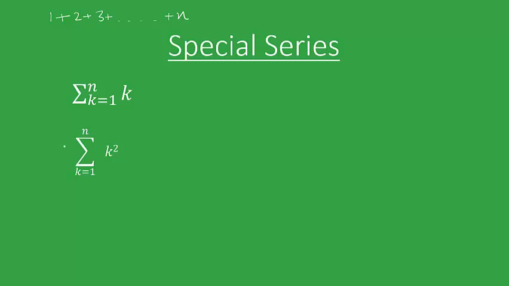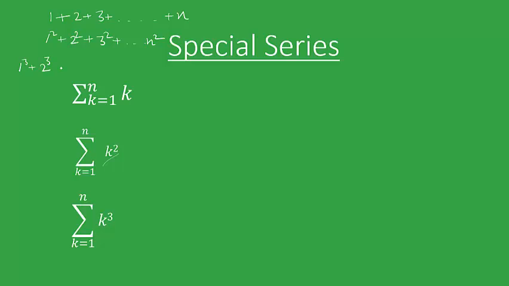The second series, as you can work out just by putting the values of k from 1 to n, is 1 square plus 2 square plus 3 square plus ... till n square. And the third and the last series in this special series sequence is 1 cube plus 2 cube till n cube.